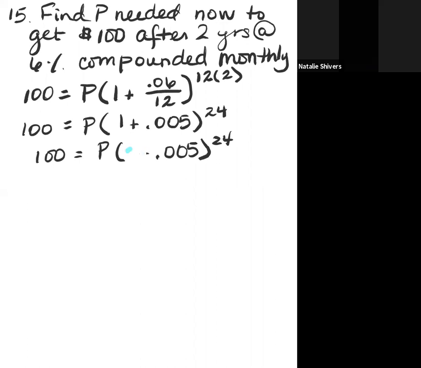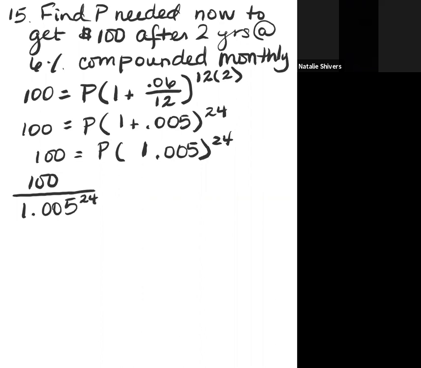Be careful about your calculator because there could be a rounding error, especially with what you're typing into MyMathLab. So you may want to do this in your calculator: 100 divided by 1.005 to the 24th. So no rounding.